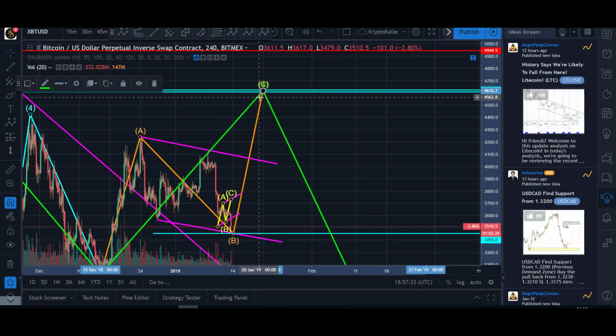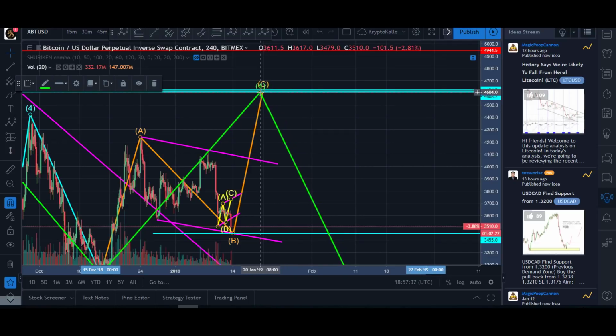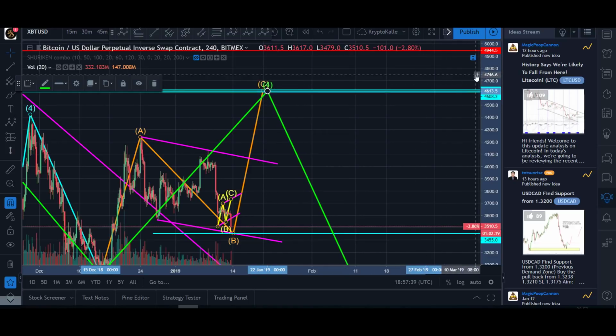So there are three things that correlate very much with this price here.